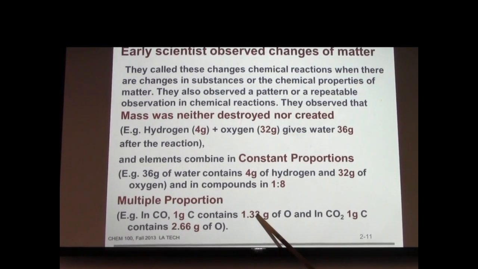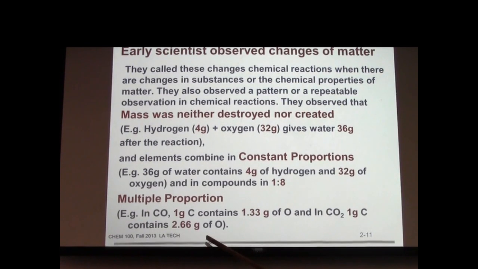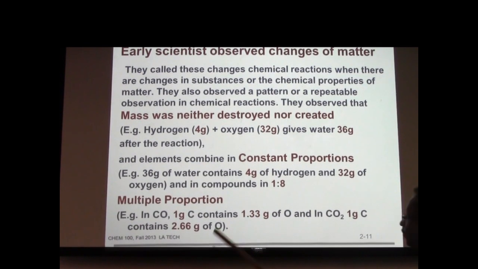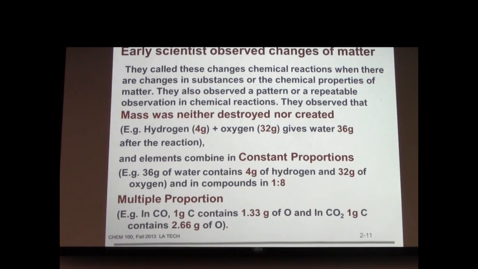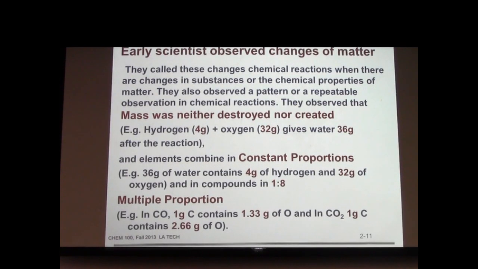Yeah, 1.33, you see that? That's called multiple proportion. Multiple proportion deals with several compounds formed by two different elements, like hydrogen peroxide, H2O2, and water, right? So that is a pattern in the observation.